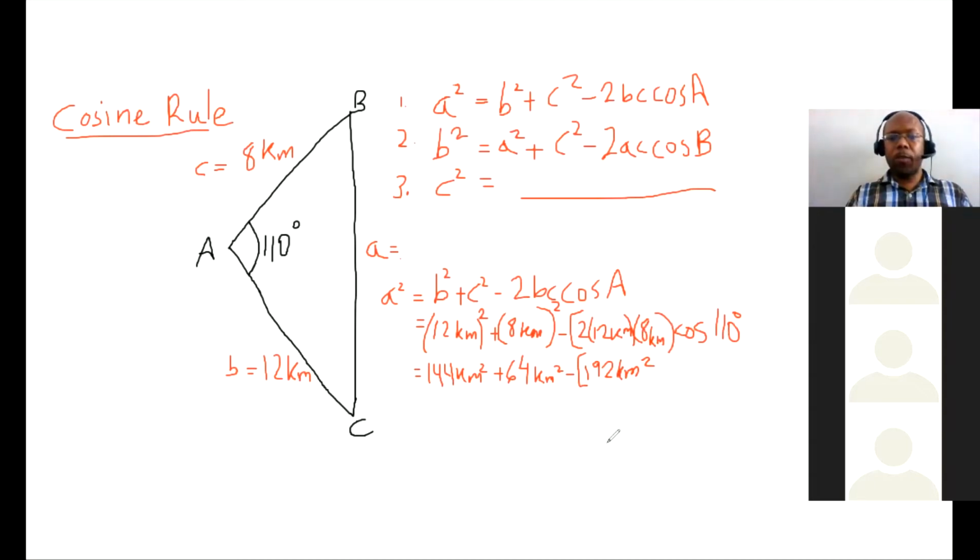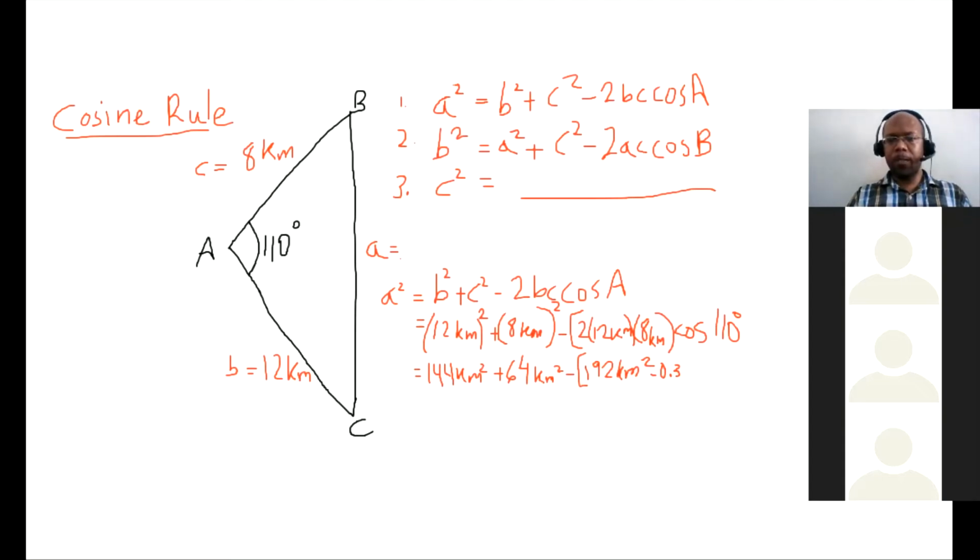Now, cosine of 110, let's type that into our calculators. For me, I have to press 110 first and then hit cosine. I have the old school calculator. What do you get? Let's go to 3 decimal places. 0.3 something something.